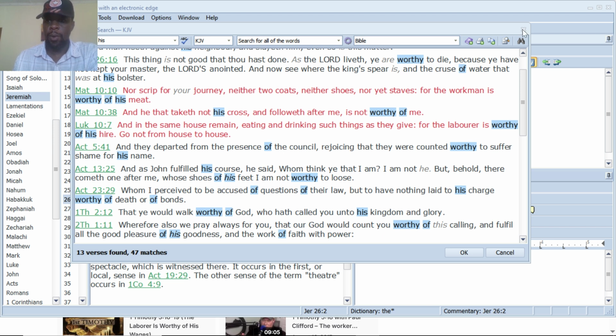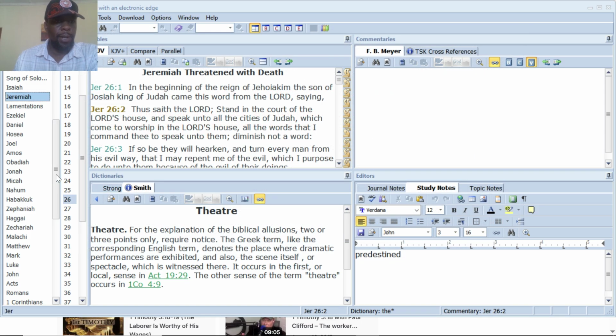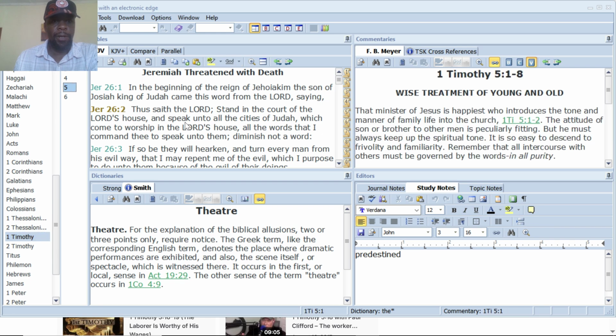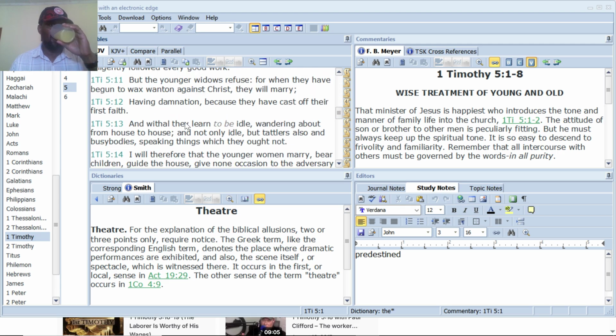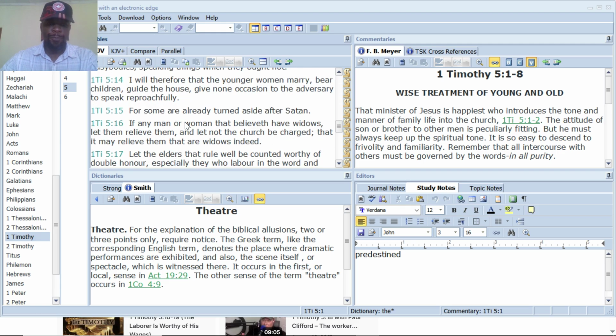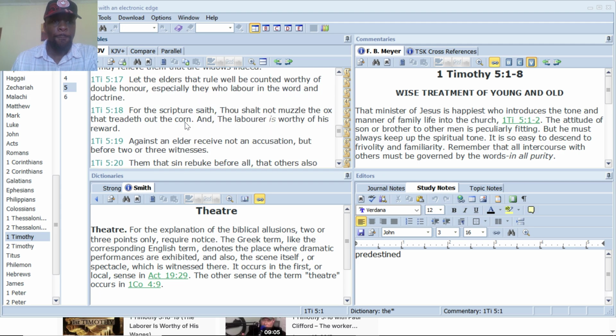Okay. Next one we're going to look at is 1 Timothy 5:18. It says, "For the scripture saith, Thou shalt not muzzle the ox that treadeth out the corn, and the laborer is worthy of his reward."